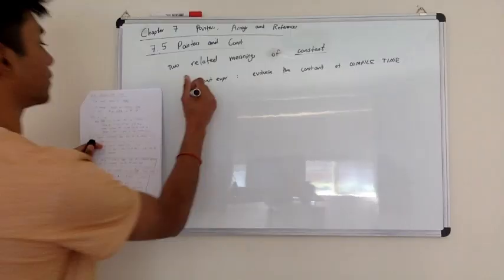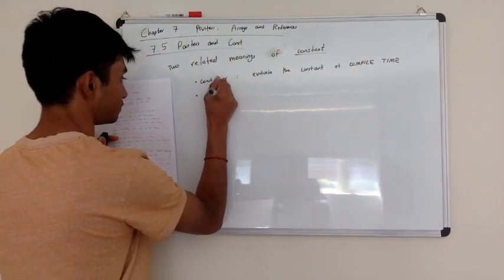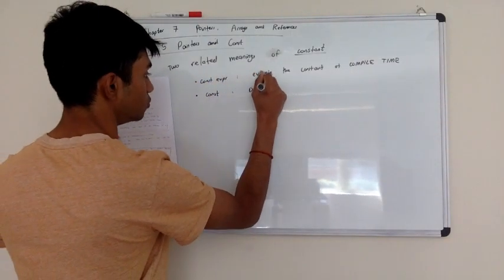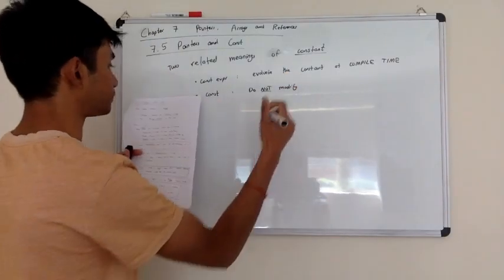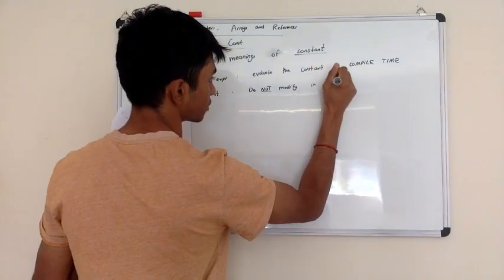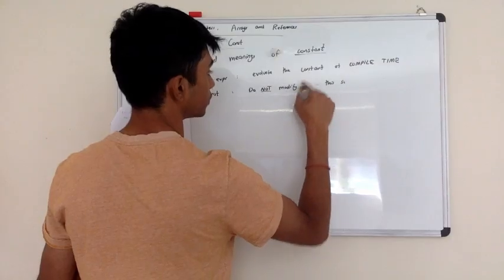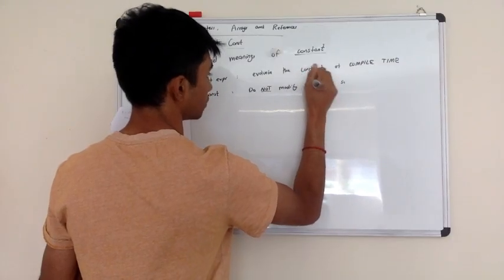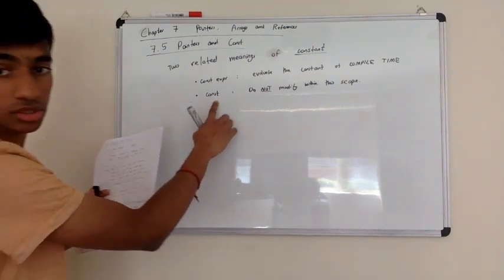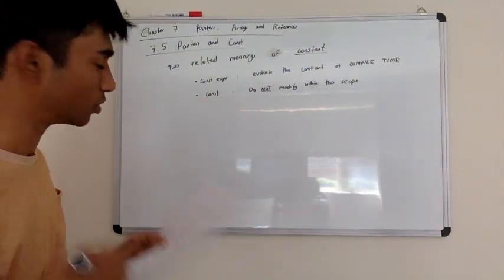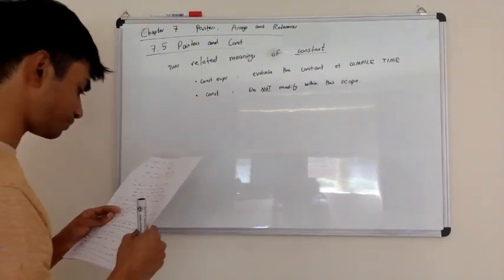And then the keyword that we're going to be looking at, const, essentially means do not modify this particular variable within this scope. So we're primarily going to be looking at this one.